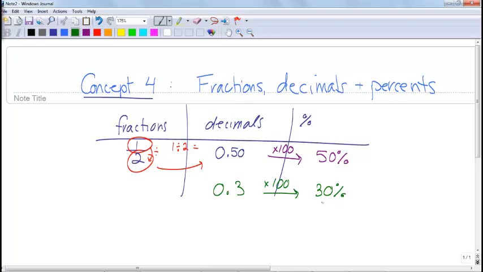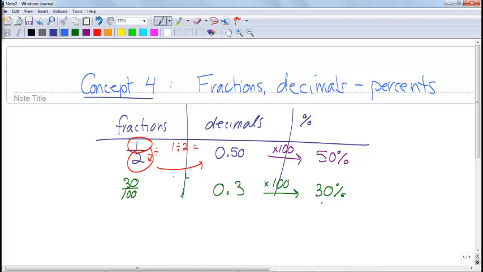I think it's easier to go percent to fraction. Some people like to go decimal to fraction. Doesn't matter, whatever you like to do. Let's do the percent to fraction one first, however. Because percent means out of 100, 30% is the same as saying 30 out of 100. Now, fractions always need to be in lowest terms.